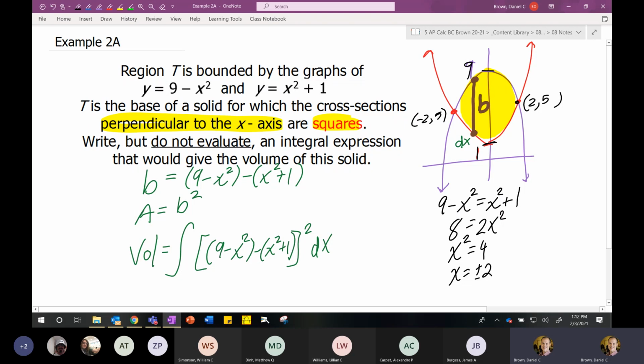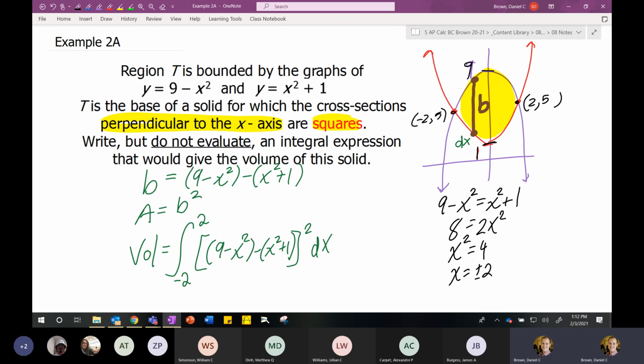Since we're in terms of dx, I want to know where this is starting on the x-axis and ending on the x-axis. So I did find the intersection points. It's starting at -2 and ending at +2 on the x-axis. So we're integrating from -2 to +2. Thankfully, it doesn't ask us to evaluate it, so we can leave our answer like that.